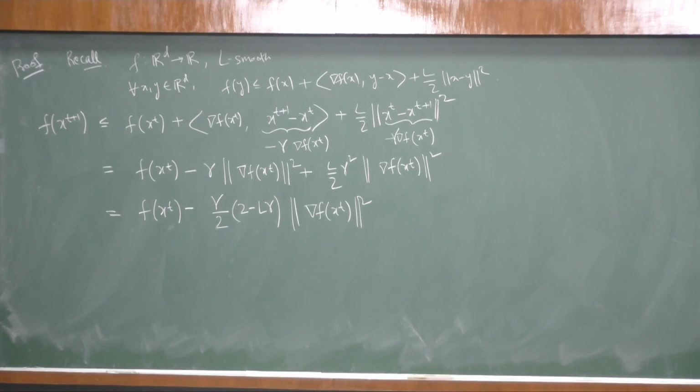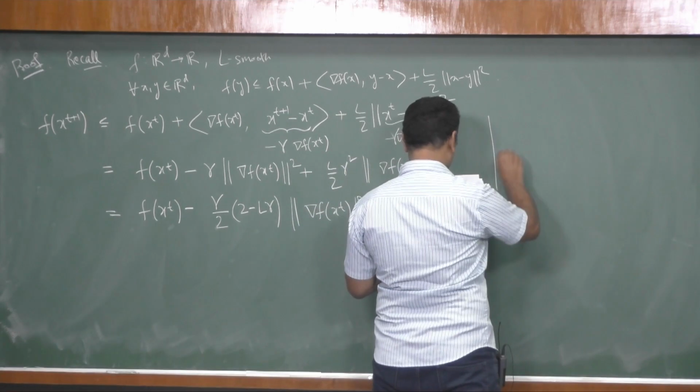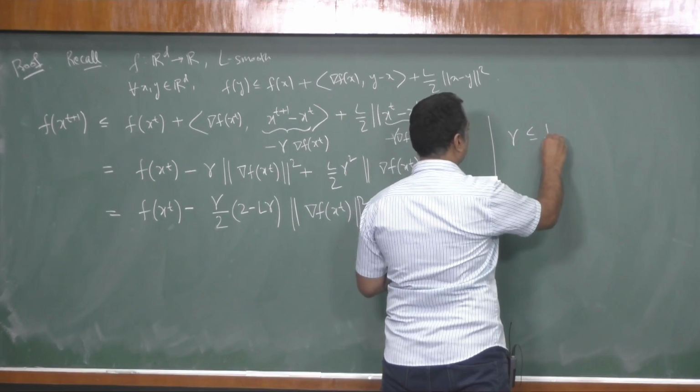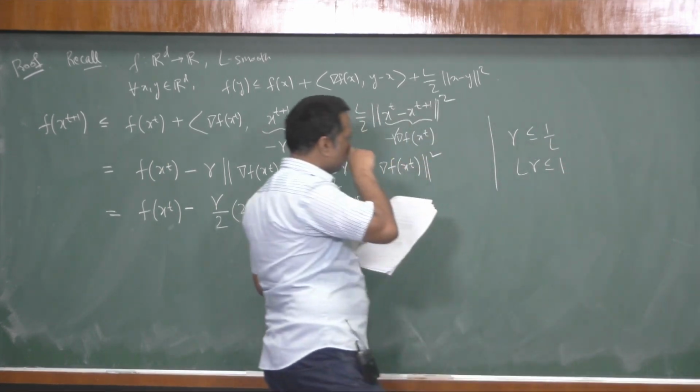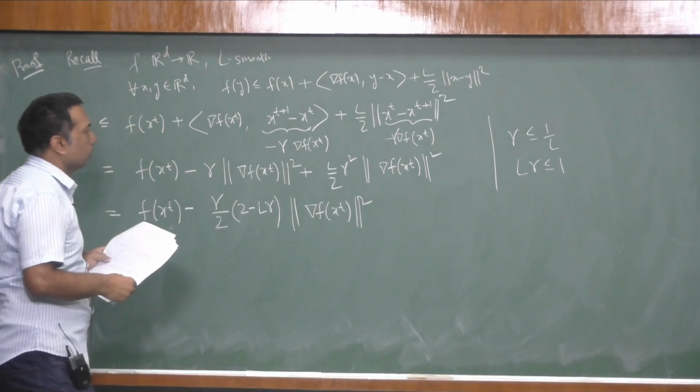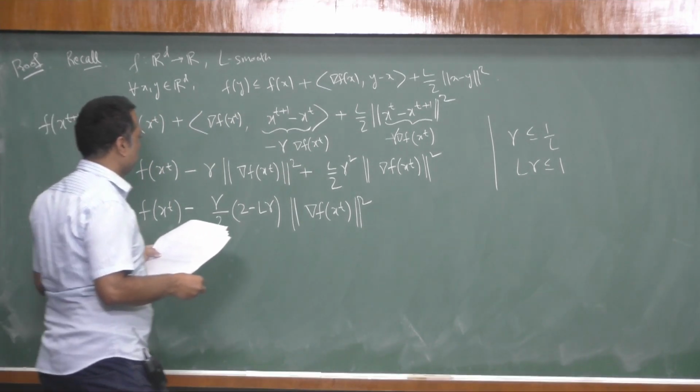Can we get rid of that, right? So L gamma is less than equal to 1. What we had is gamma less than equal to 1 over L. So L gamma is less than equal to 1, and both these are greater than equal to 0 for sure, right?